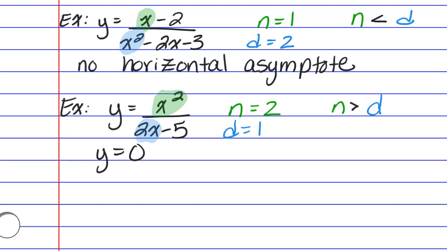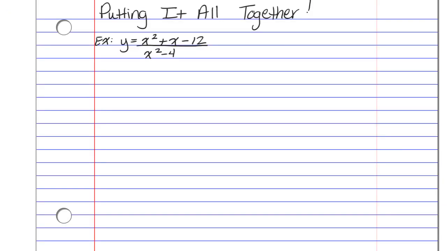Anytime that your numerator is larger than your denominator, you will automatically have a horizontal asymptote at the line y is equal to 0, or right on the x-axis. So using those degrees to help come up with your horizontal asymptote, the relationship in those degrees determines your horizontal asymptote. So what we're going to do is take a look at an example that encompasses all of these key features.